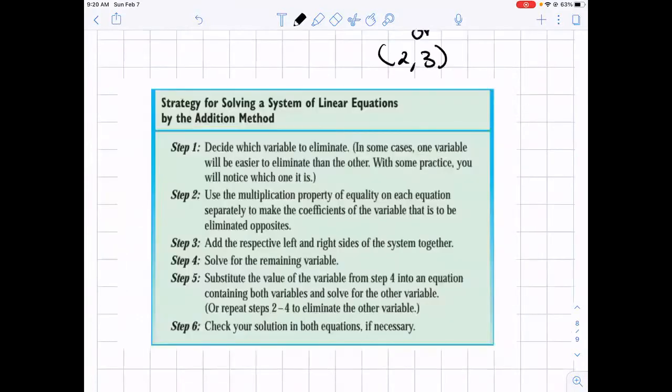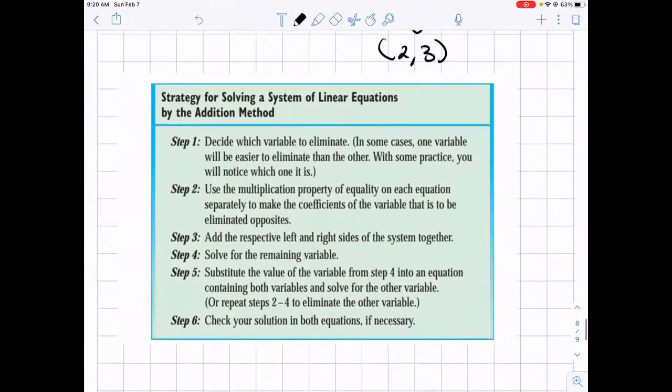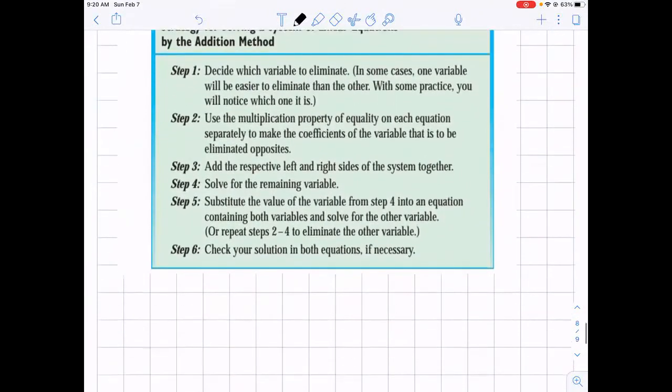So here are some strategies for solving a system of equations by the addition method. Okay, so these 6 steps is what we really say. So the first step is to decide which variable to eliminate. And note, in some cases, one variable may be easier to eliminate than the other. With some practice, you will notice which one it is.